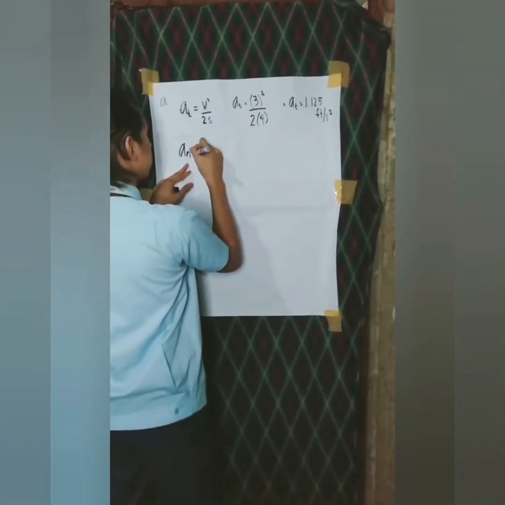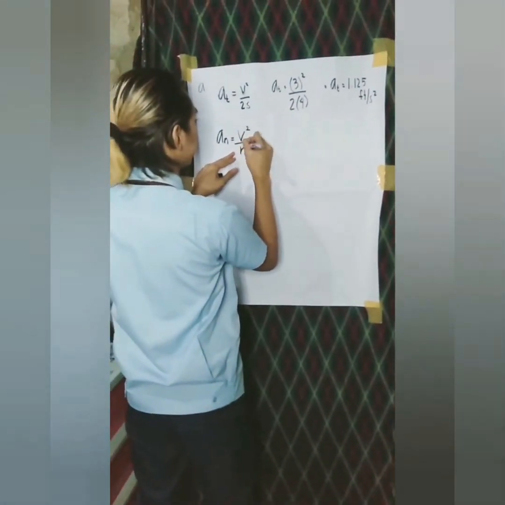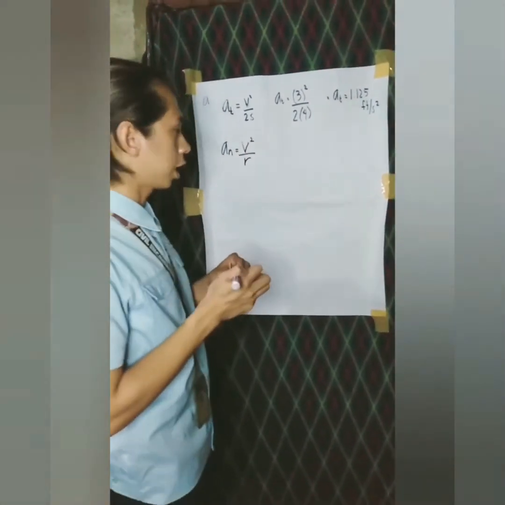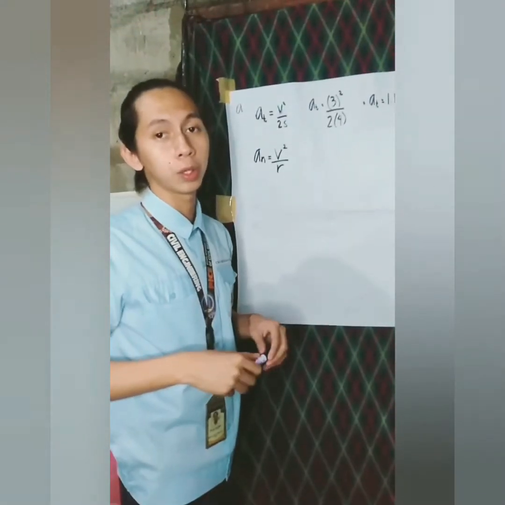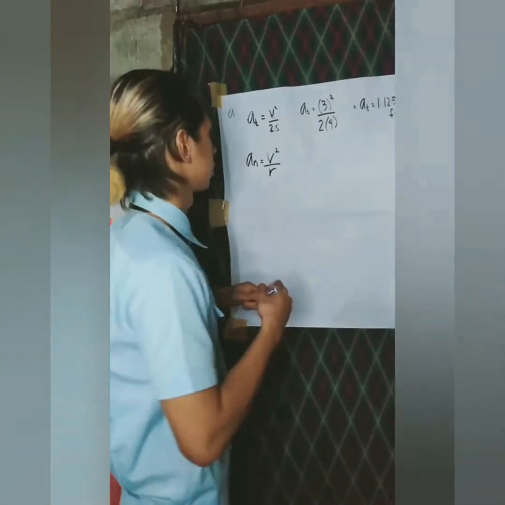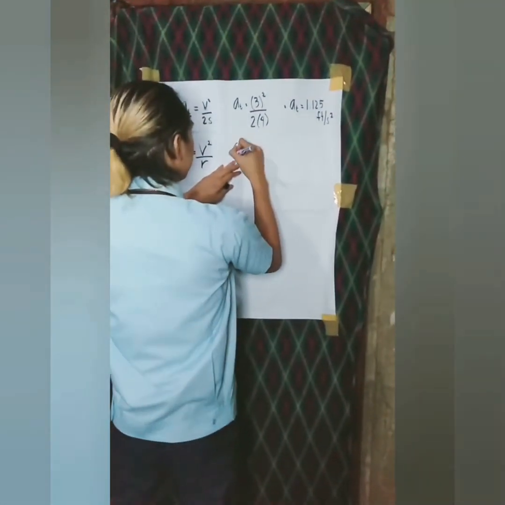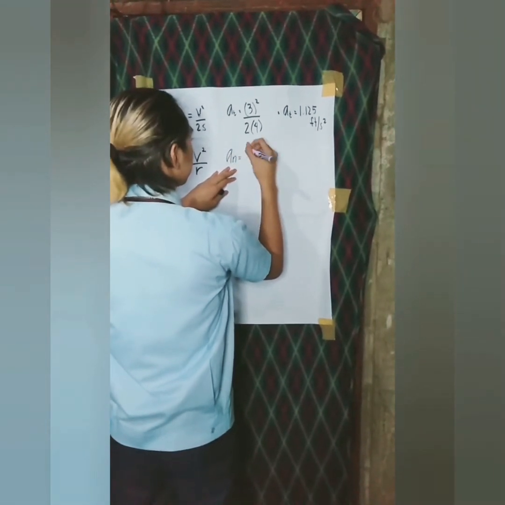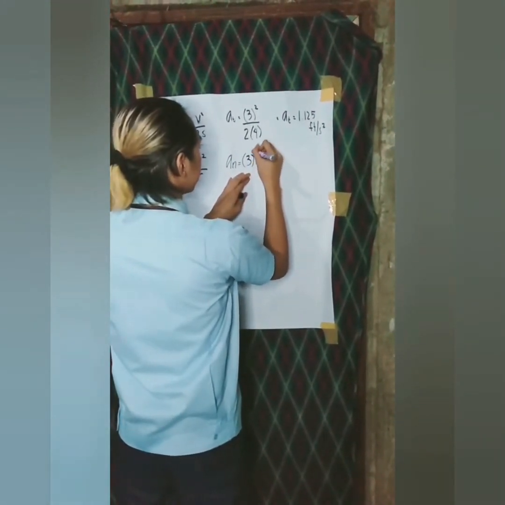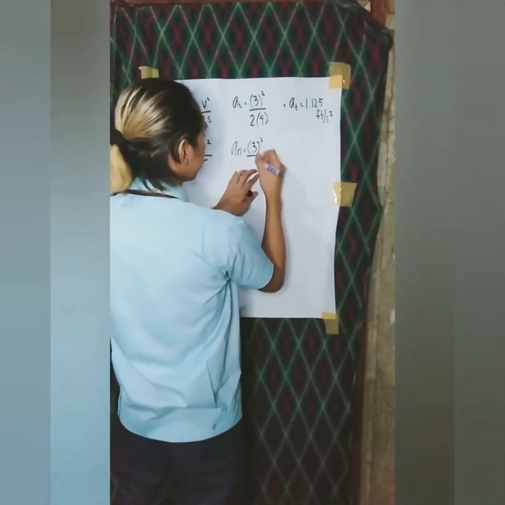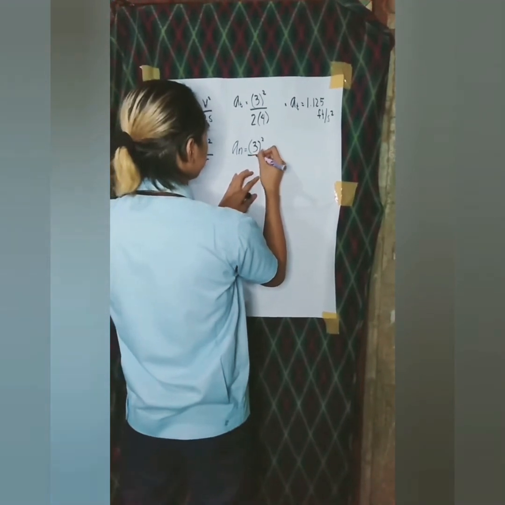Normal acceleration, AN is equal to V squared over R. The radius given is in inches, so we are going to convert it to feet. Substituting the values, AN is equal to 3 squared over R, so we convert the 12 inches to 1 foot, so R is 2 feet.